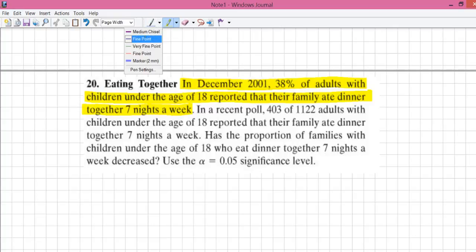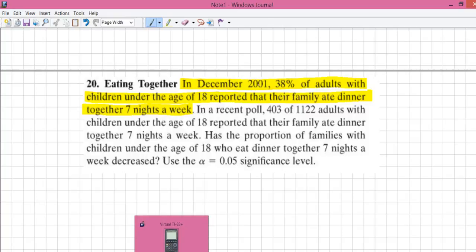Now, in the recent poll, we have the following information: 403 out of 1,122 adults with children under the age of 18 said that they ate dinner together 7 nights a week. Just to kind of give you an idea what's going on here. In 2011, we had this proportion.